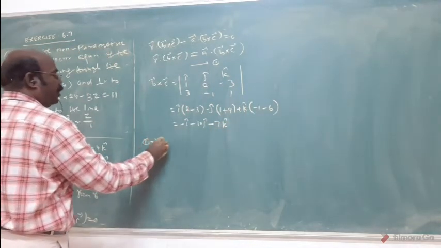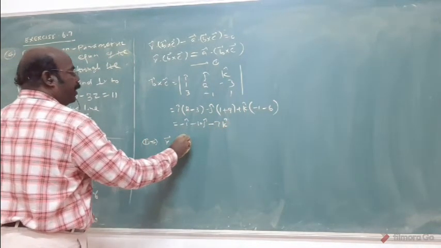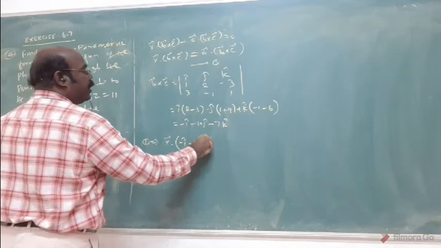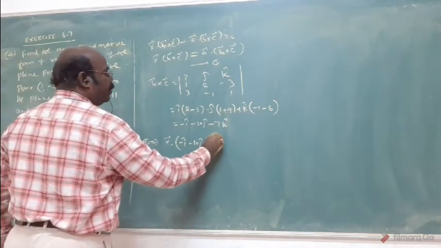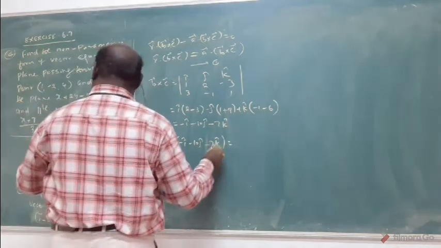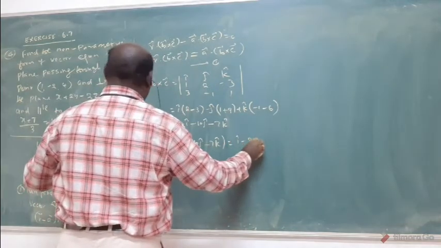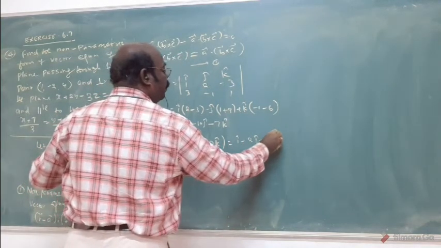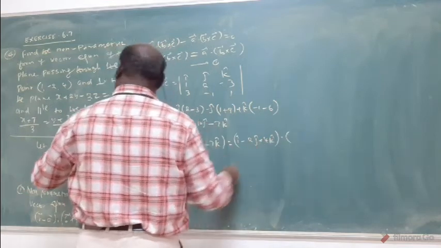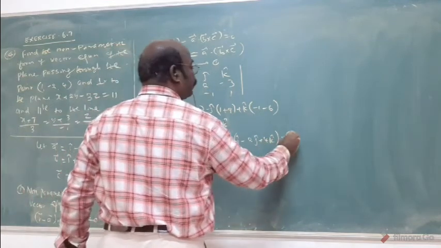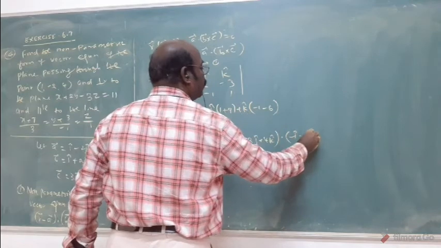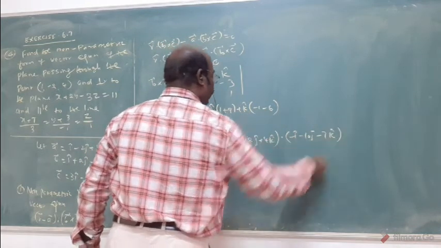So r vector dot the b cross c vector equals a dot b cross c.